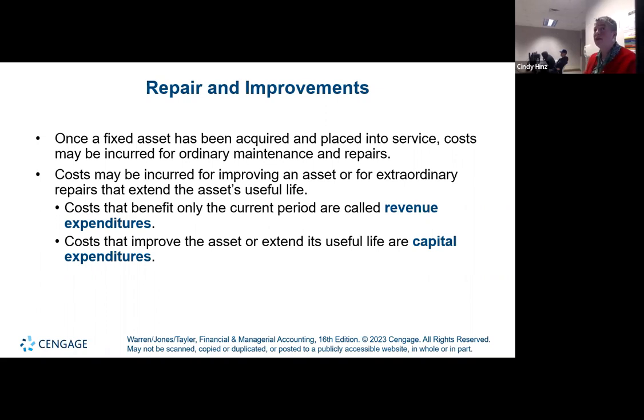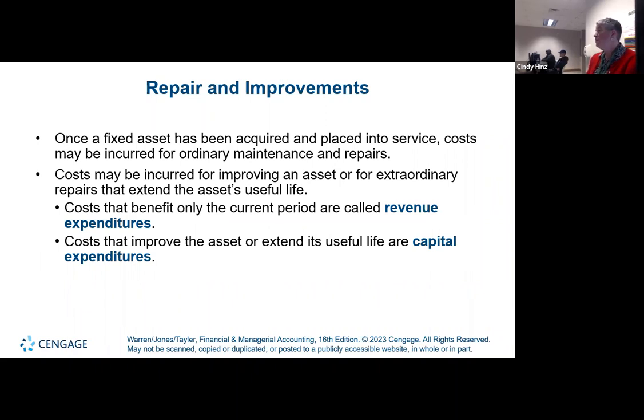We capitalize it and we record the expense over time. I need to distinguish that, what we've been talking about, from a revenue expenditure. A revenue expenditure is something we would call a period expense, something that's going to be recorded as an operating expense in the period in which it's incurred.